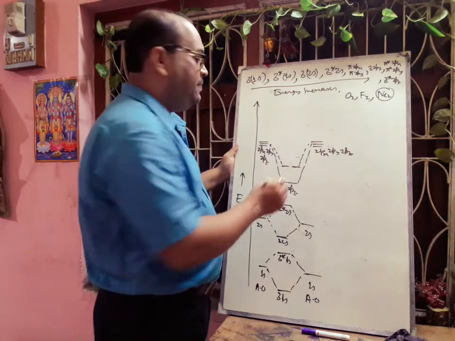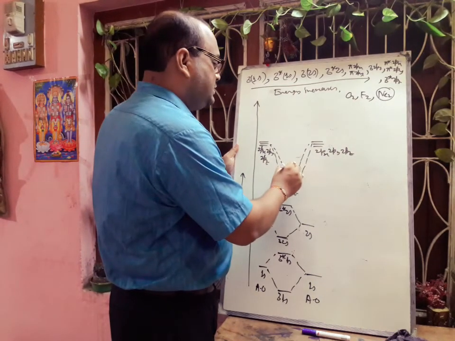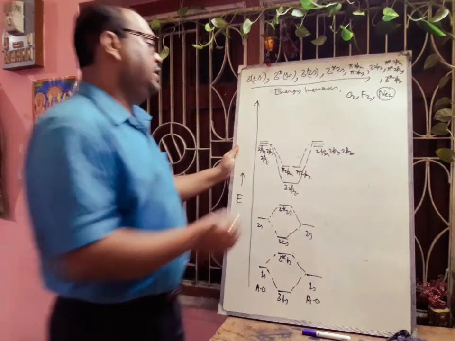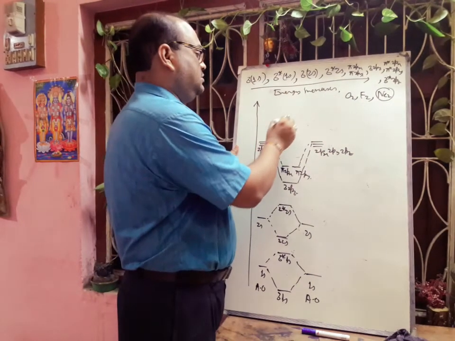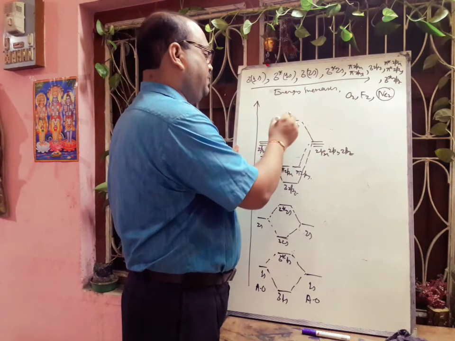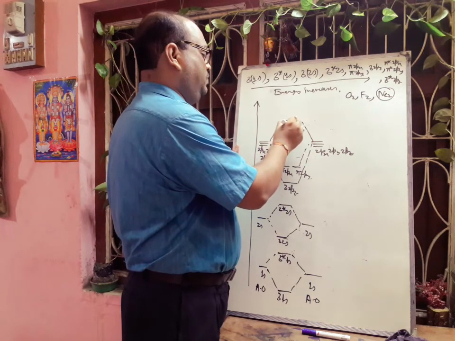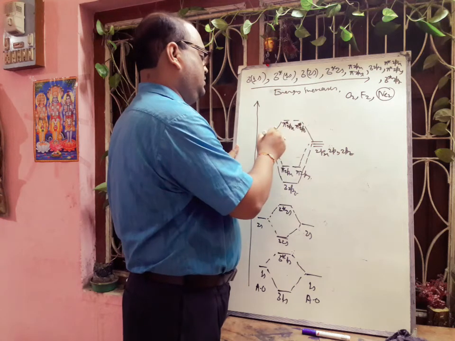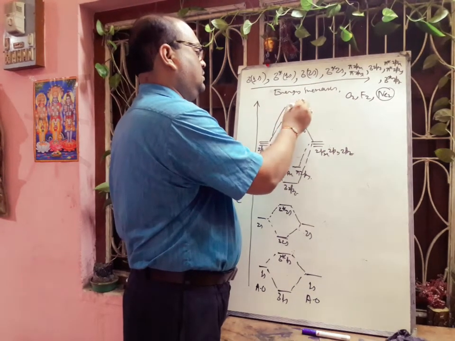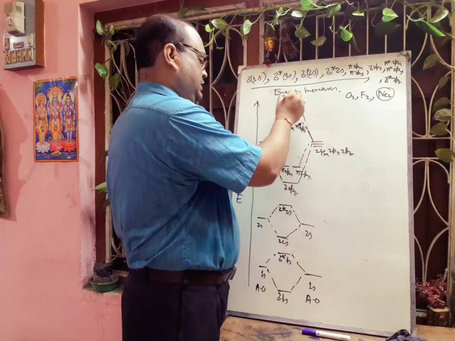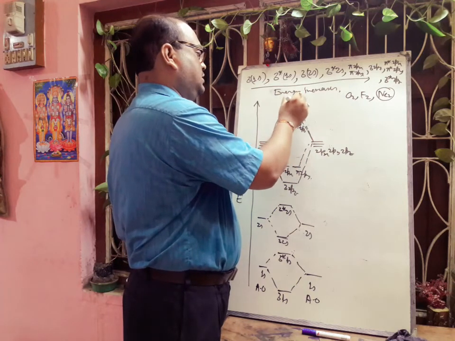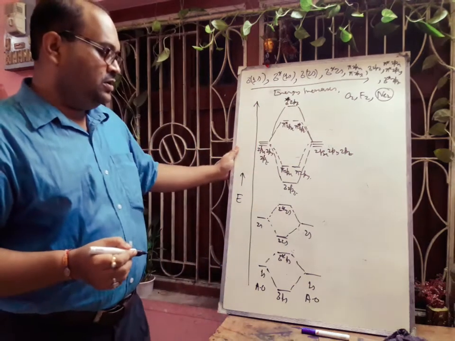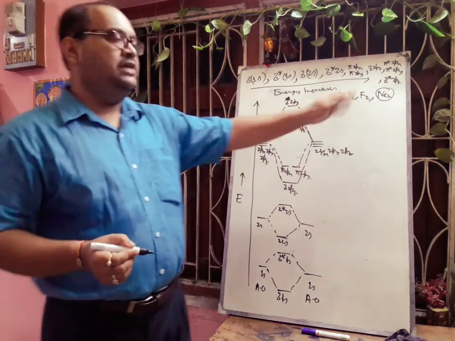So this one is the pi 2px and pi 2py. Hope you can understand. Next, the two pi star orbitals, pi star 2px and pi star 2py. This one is the sigma star 2pz. Star is indicating the anti-bonding. So this is for the molecules of oxygen, fluorine, neon.